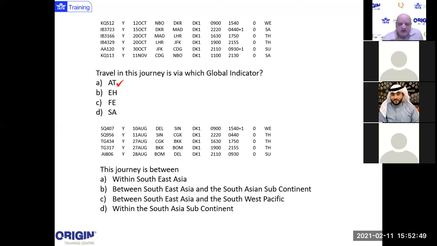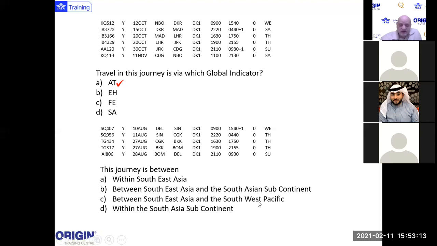Excellent. And Indonesia and Thailand? Southeast Asia. So is it within Southeast Asia? No. Southeast Asia and the South Asian subcontinent. That might be right. Yes.